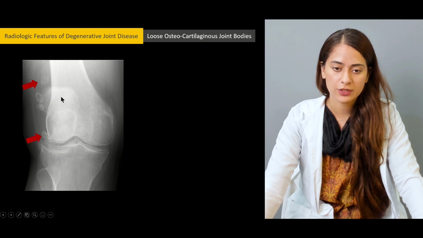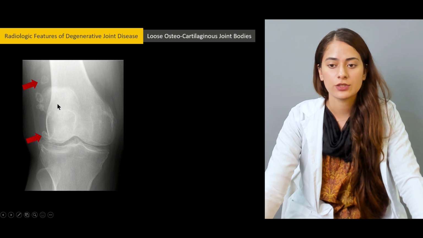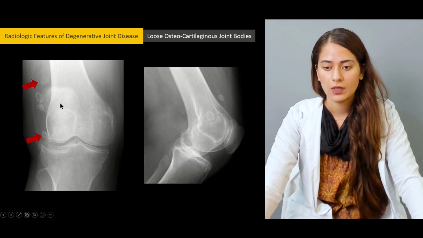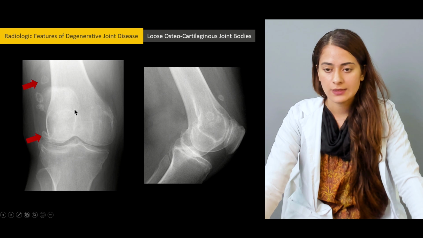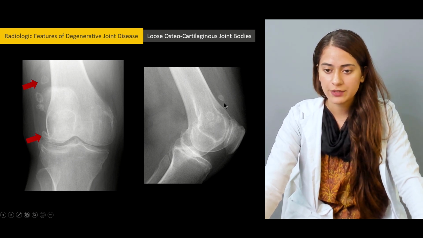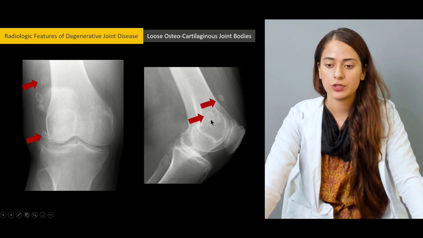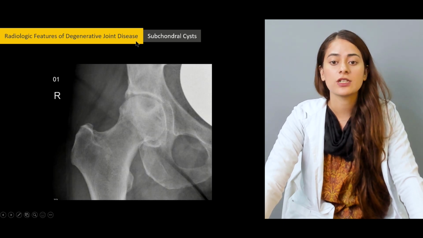So let's just consider these as the loose osteocartilaginous joint bodies. So these can be seen in this view as well. This is the lateral view of the knee, and these are the loose osteocartilaginous bodies visible here and here.